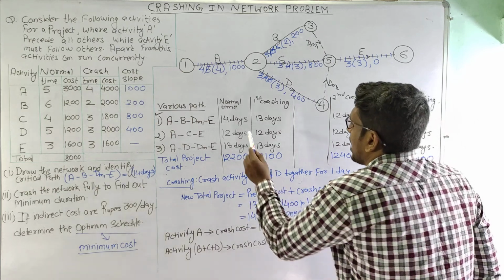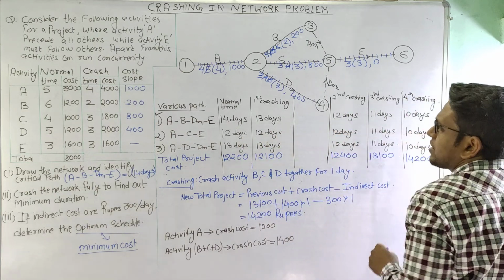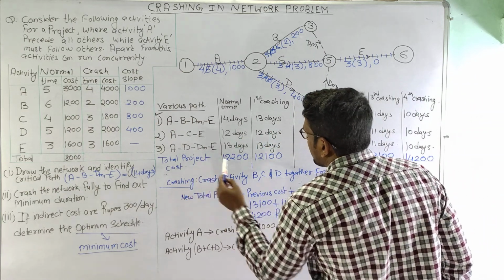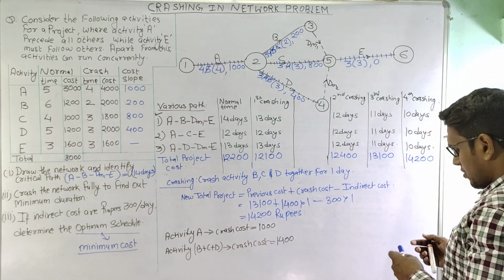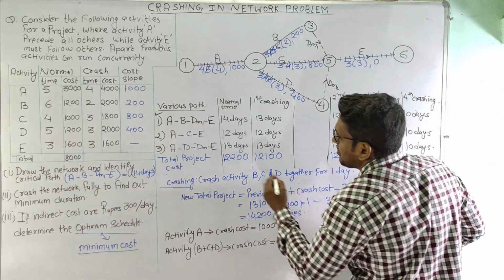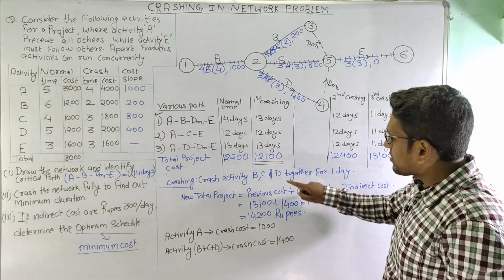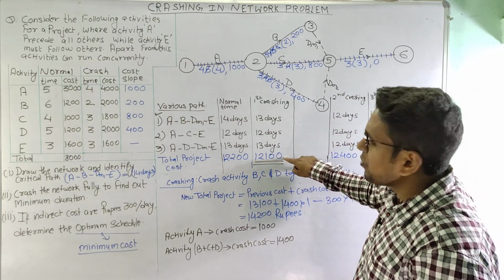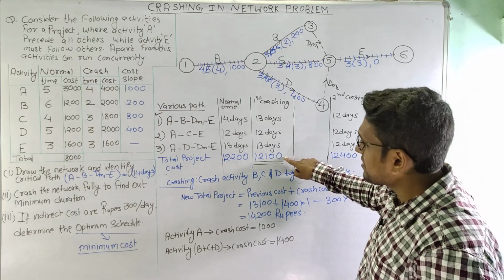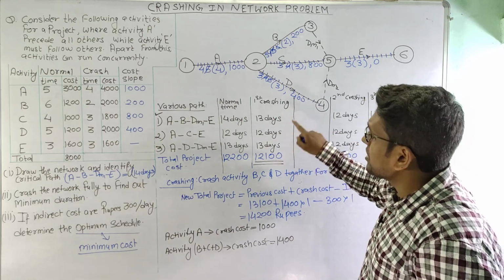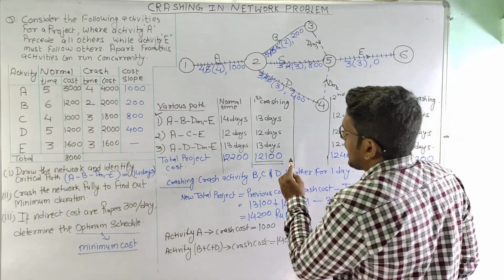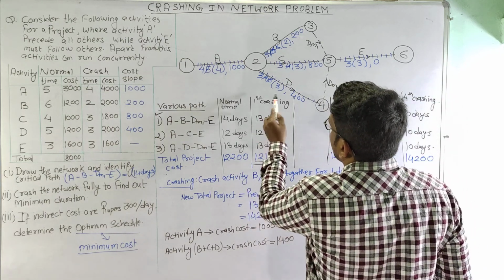So we will see among all these crashings where the total project cost is minimum. We can see that the total project cost is minimum at first crashing, where the cost is rupees 12,100. So we can see that the optimum schedule is when only activity B is crashed.